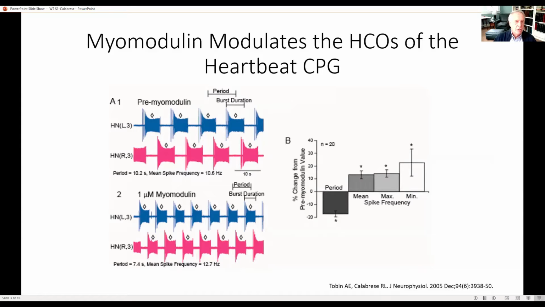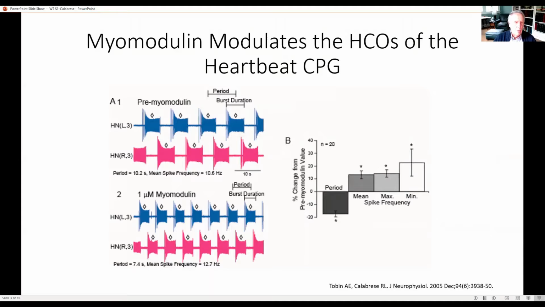Here's a half-center oscillator producing rhythmic activity in an isolated ganglion. If you put on 1 micromolar myomodulin, this speeds up the rhythm of bursting, and it increases the mean, the max, and the minimum spike frequency also. So the period decreases.